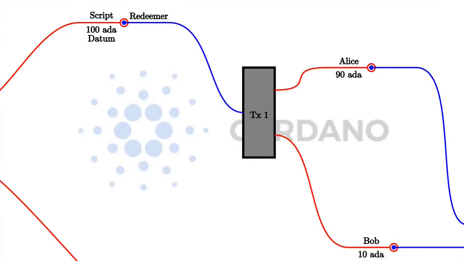So that means if I produce an output that sits at a script address, then this producing transaction only has to include the hash of the script and the hash of the datum that belongs to this output. But optionally, it can include the datum and the script as well, fully. But that's only optional. And if a transaction wants to consume such a script output, then that transaction, the spending transaction, has to include the datum and the redeemer and the script.